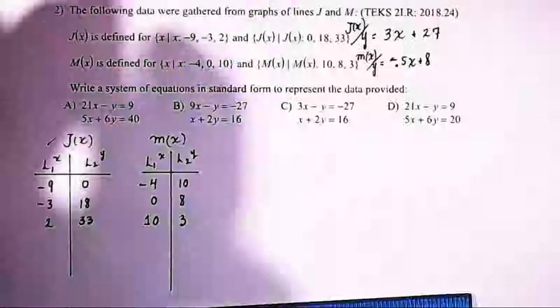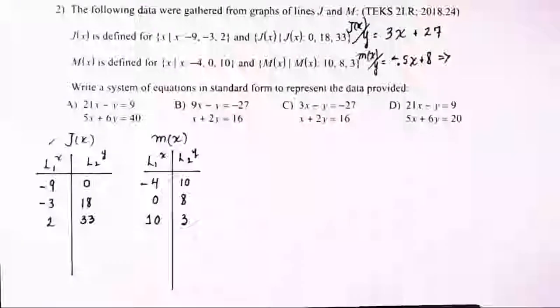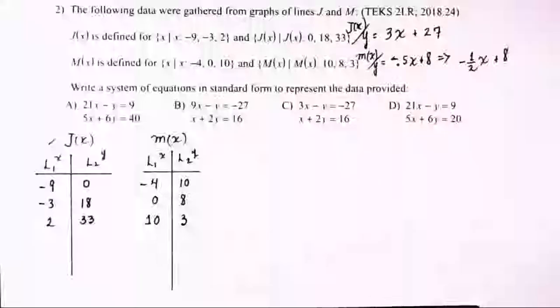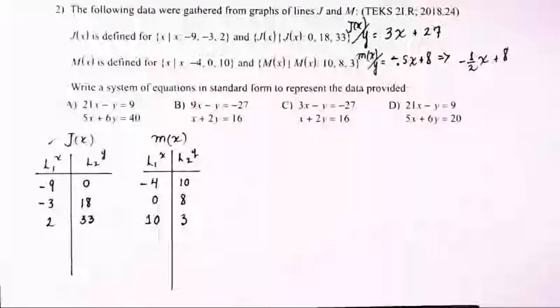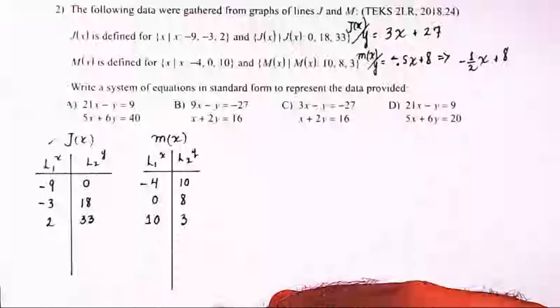Okay, that was just a small skill we need to do. We'll rewrite this using a little arrow as -1/2 x plus 8. And that's just going to aid us in moving around the values when we want to convert this into standard form.